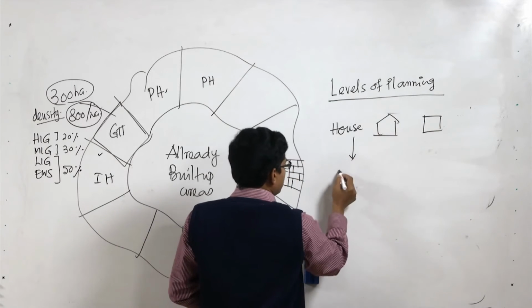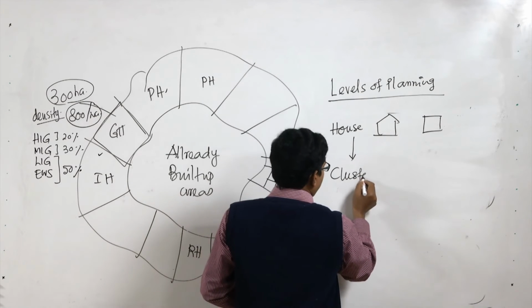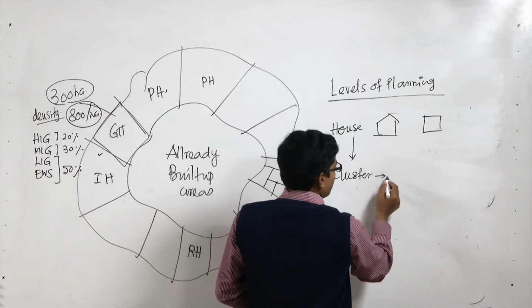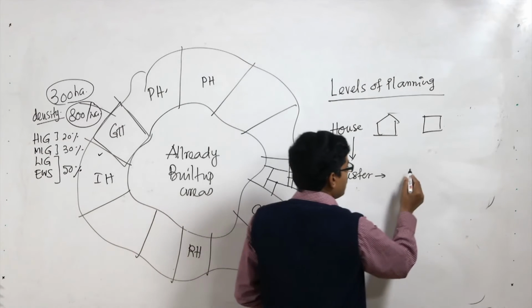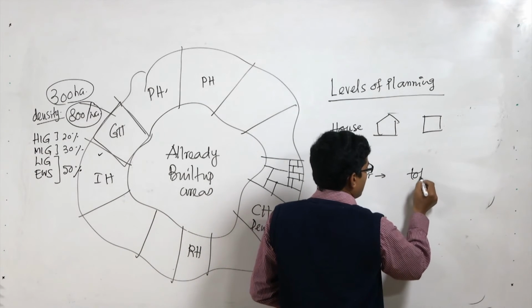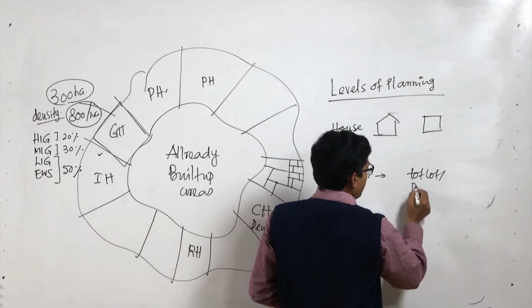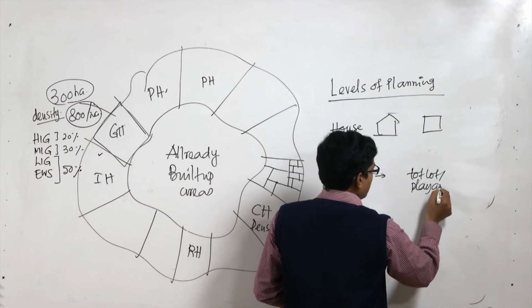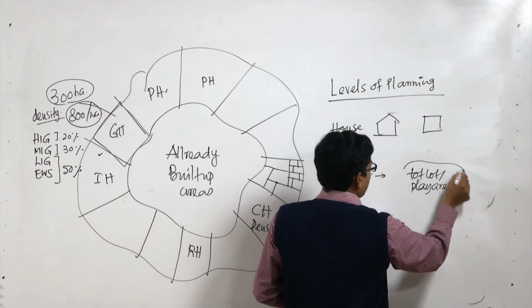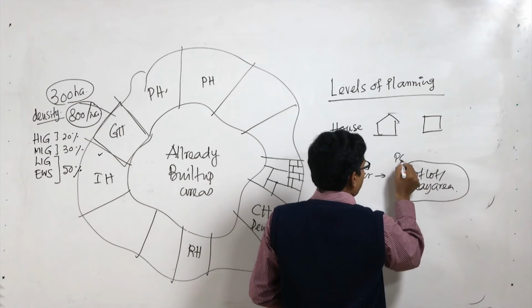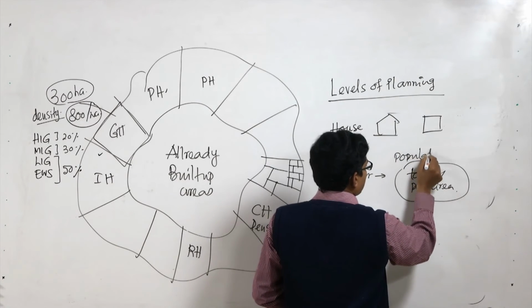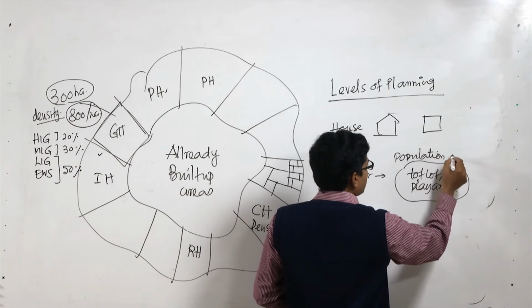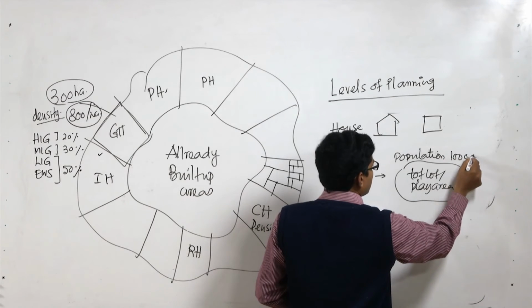Then there is your cluster. A cluster is defined by a common facility around a tot lot or play area, with a population ranging from 1000.